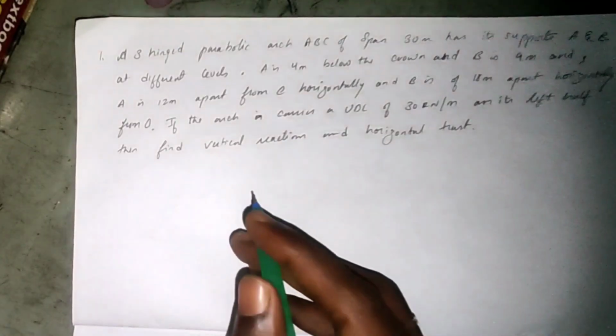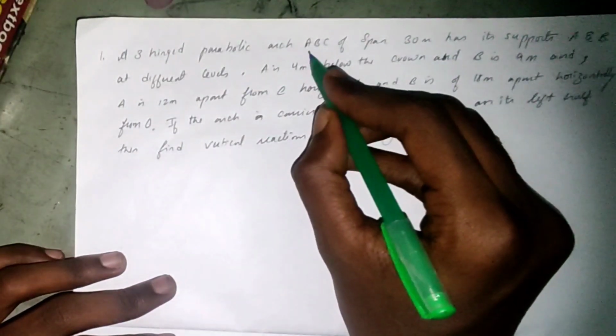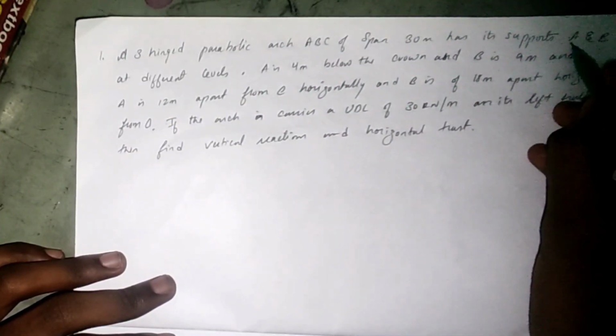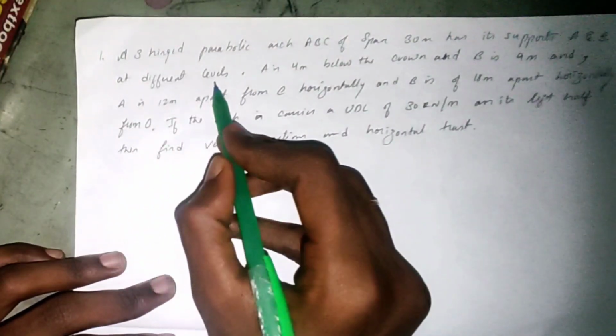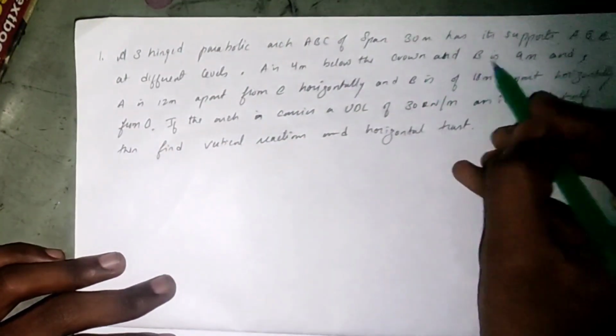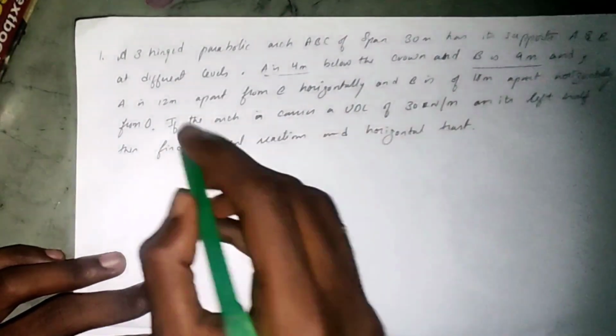Now let us solve this problem. A 3-hinged parabolic arch ABC of span 30 meters has its supports A and B at different levels. A is 4 meters below the ground and B is 9 meters.